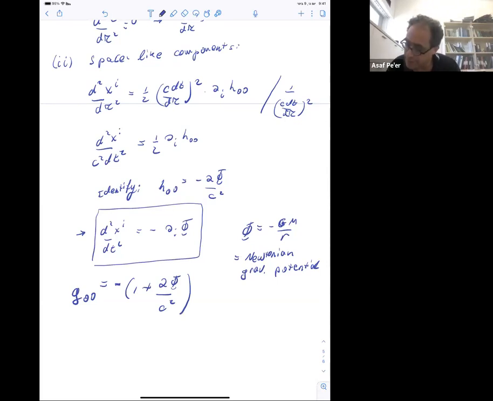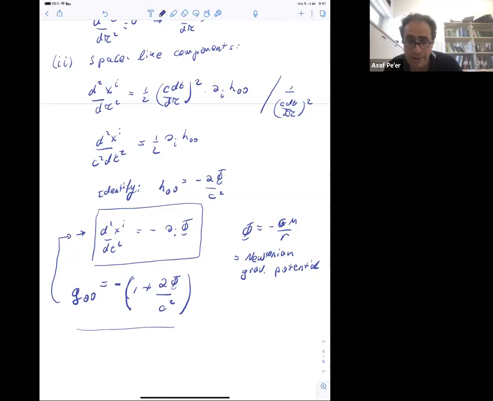Right, so if we do that, it means that the curvature of the space-time is indeed sufficient to describe the gravity in the Newtonian limit, right? If we write it like that, then we retrieve back the Newtonian equation of motion.